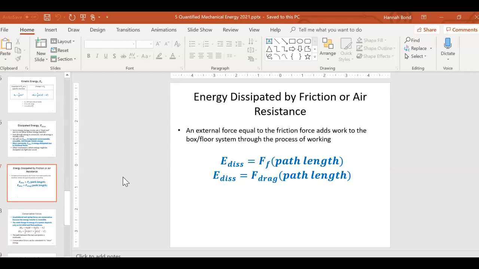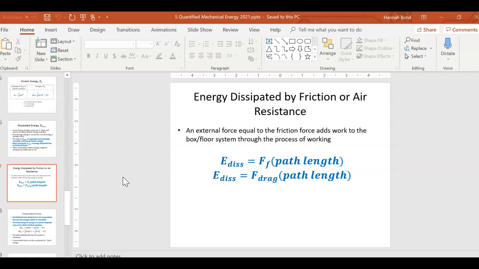Here are the equations we can use to calculate energy dissipated by friction or air resistance. Notice that the equations are very similar. In both cases, the dissipated energy equals the force times the path length. The path length is important. The longer that you slide a box across the floor, the more friction has to be overcome.